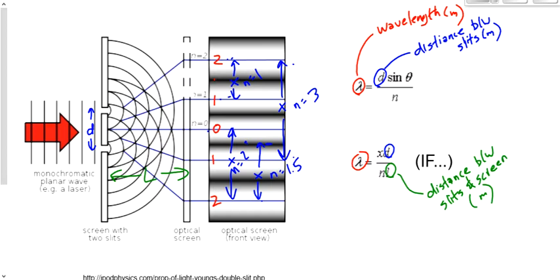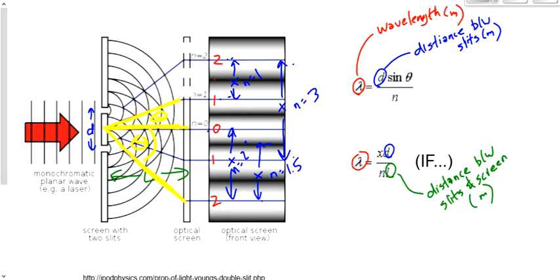The angle from the central maximum, always from the central, to the first order maximum, or it could be to the second order maximum, or it could be to the third order minimum. It can be from the central maximum to whatever you want.